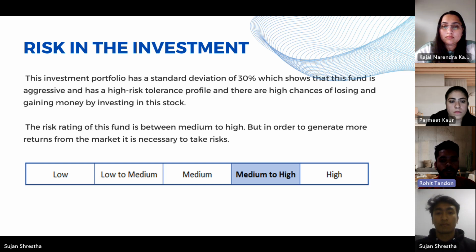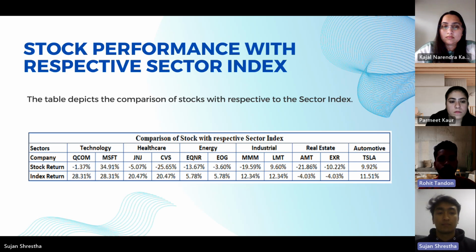Now I would like to talk about the performance of listed company stocks with respect to their sector index. This helps in knowing about the stock performance and its relation to the sector index. If the covariance between the company stock and the related sector index is positive, then it means that if the sector index increases, the stock price will also increase.